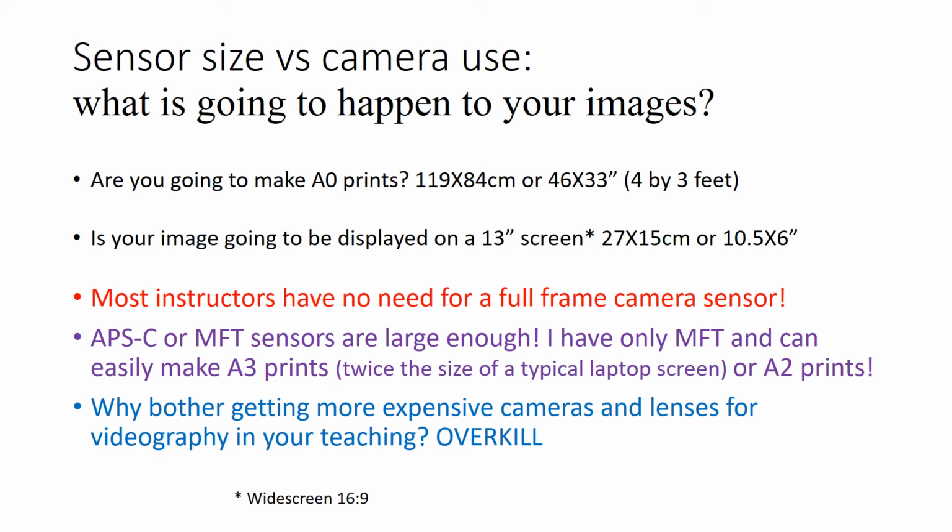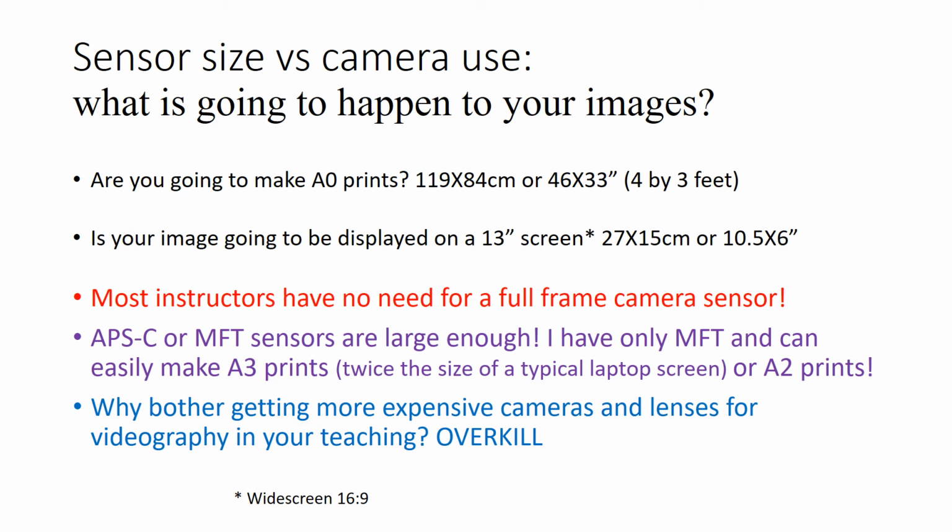So going back here, I said before, are we going to make large prints, or are we going to just have our image looked at on, say, a 13-inch screen? If we're thinking in these terms, this means that most of us, when we are teaching, either if we have our system camera connected as a webcam and use it, say, in Zoom, remember again that Zoom only has at most 1080p, or are we going to have pre-recorded lectures and so forth?